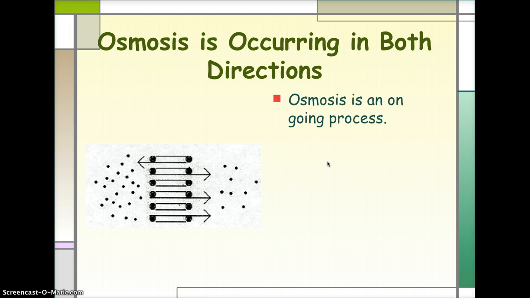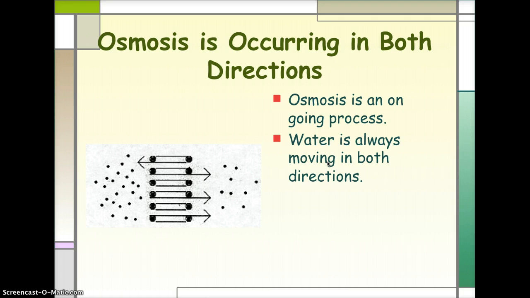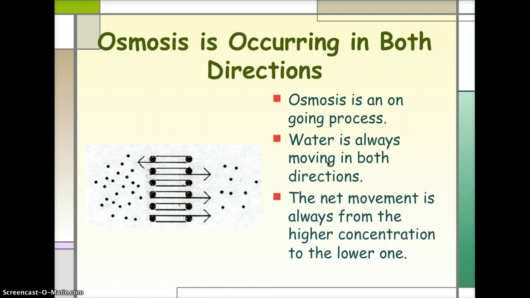So when we talk about the water moving, it's the net movement from higher concentration to the lower one. Notice there's always water going both ways, but more molecules are bouncing off of the cell membrane, and so more molecules are going to go to the other side.